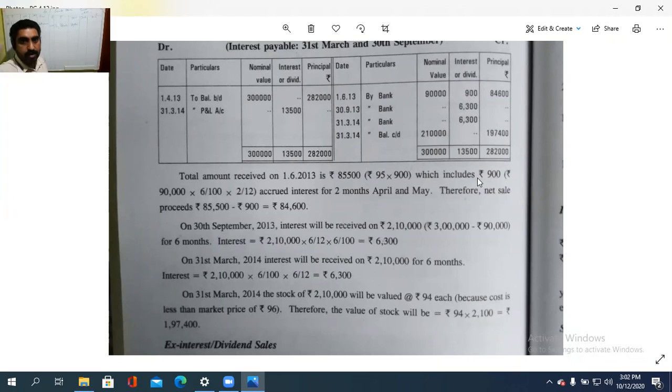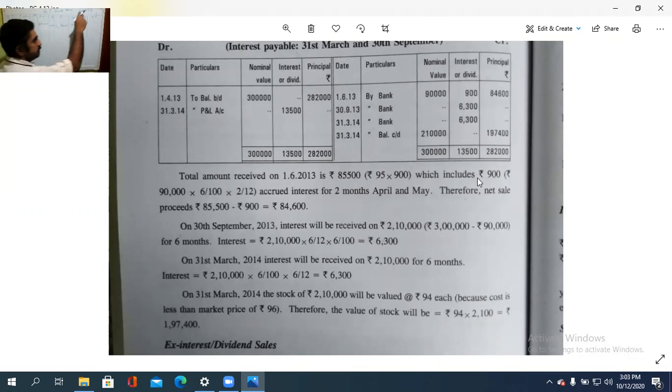So 95 into 900 is 85,500. 900 is the actual interest for the first. Multiply this 900 by 95, because the shares are sold at 95 rupees. 90,000 divided by 100 is 900. That 900 into 95 is 85,500.